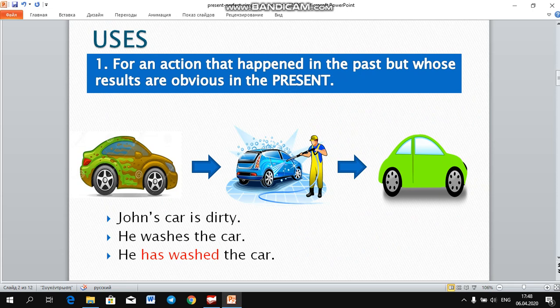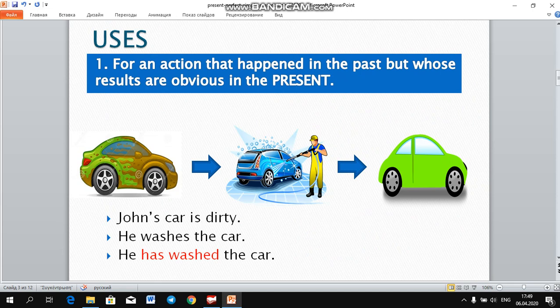The first situation: for an action that happened in the past but whose results are obvious in the present. It means if we are talking about an event which happened in the past, and if we don't give an exact time, we can use the present perfect tense.